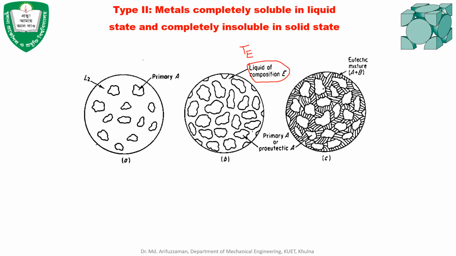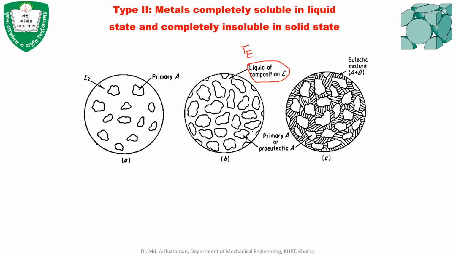Okay, so the question that Samira asked was, what is the significance of studying these kinds of diagrams or the microstructure evolution? When we do slow cooling, you can control the volume fraction of eutectic mixture.